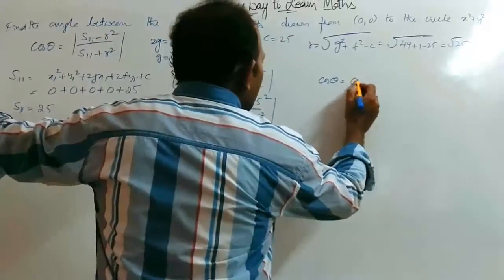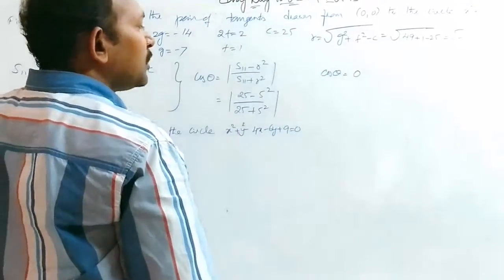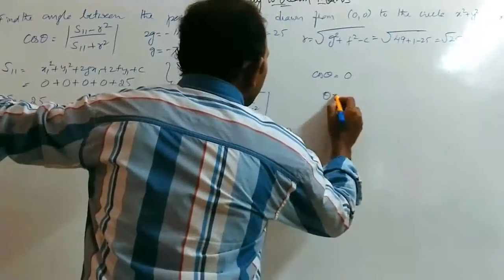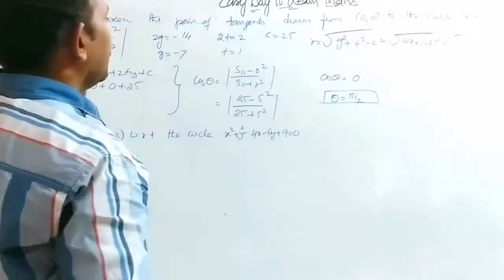If cos θ equals 0, then θ must be 90 degrees. Therefore θ = π/2, which is the angle between the two tangents.